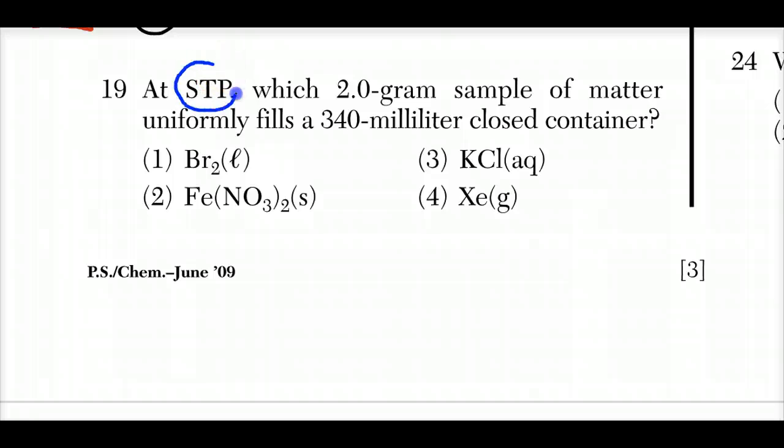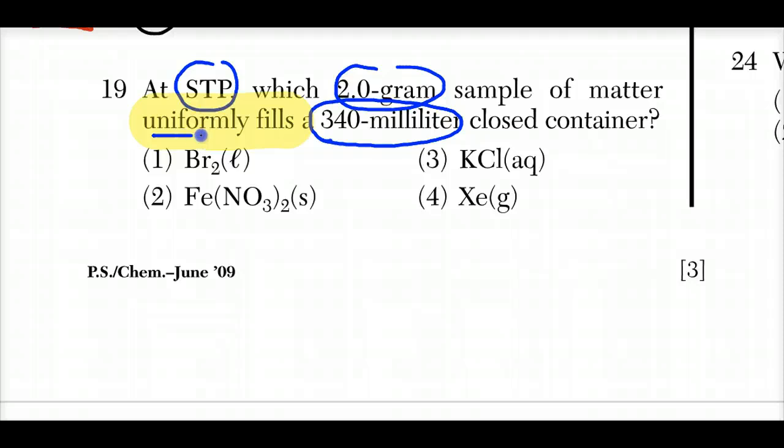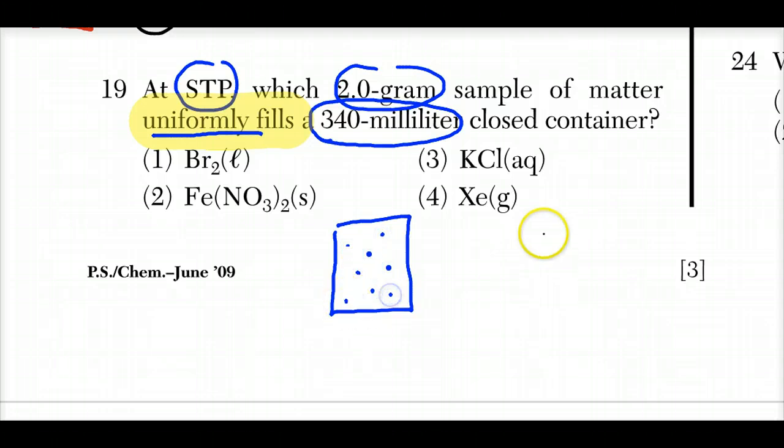They said at STP, they told you the mass of the sample, they said there's a certain size volume of container, information that is just not necessary because the key word here was uniformly fills. The only phase that uniformly fills, which means it'll fill that container and be the same throughout, it's homogeneous, is a gas.